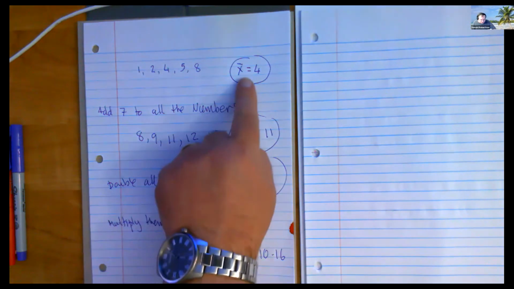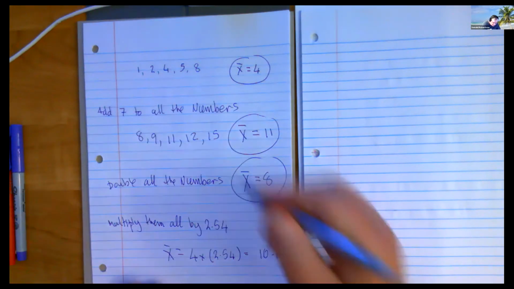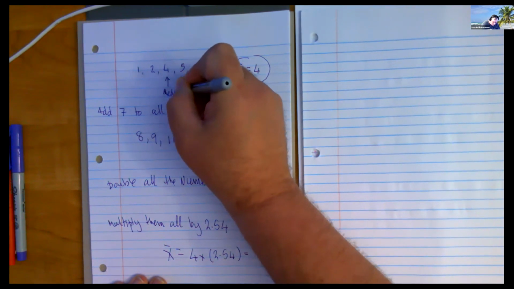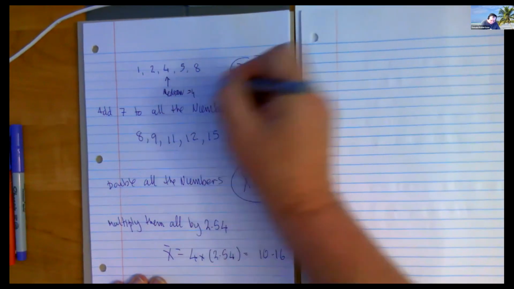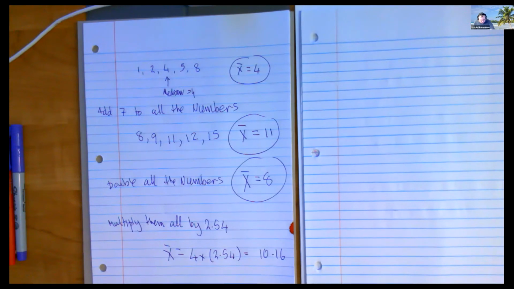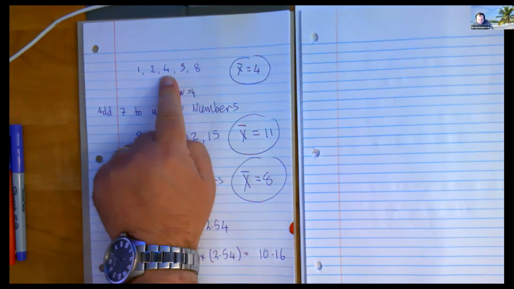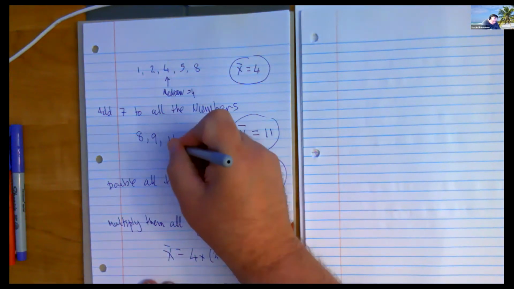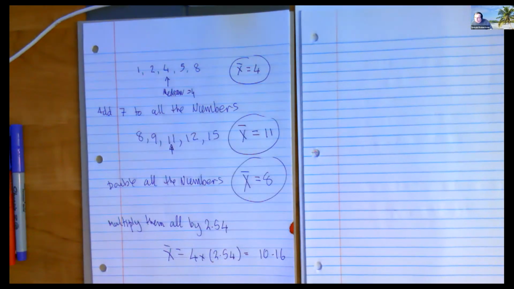So in this data set here, the median is the middle number, which by hook or by crook ended up being the same as that number, but that doesn't matter. Isn't the median 4? If you add 7 to everybody, do you see that the median is 11? And if you doubled everybody, can you trust me, the median would be 8.